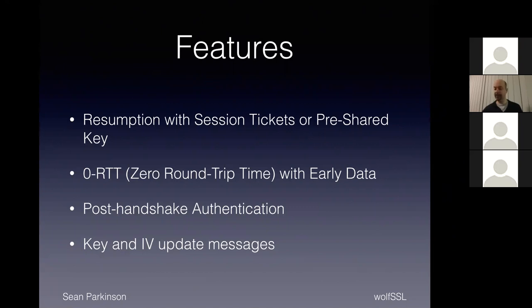Also, for long-term connections like VPNs, the keys and IVs can be updated post-handshake using new handshake messages. This is not a feature that is expected to be commonly used, but a connection that has been open for a day or has had hundreds of megabytes sent across should be rekeyed. This is done by requesting a key and IV update through a handshake message.